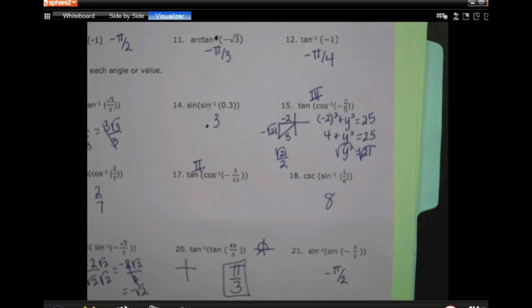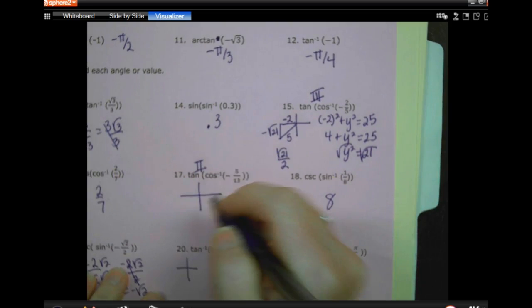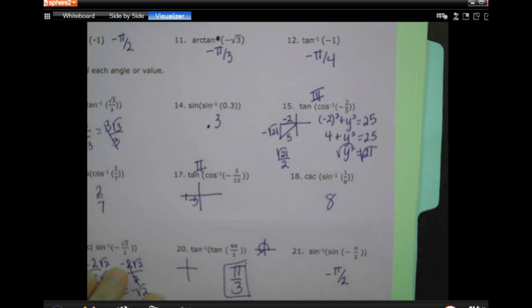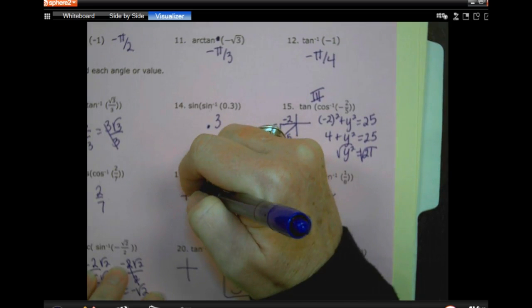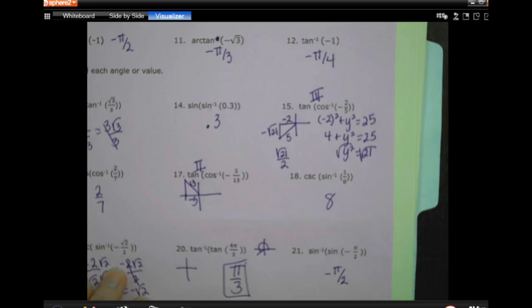So, this time, so the 5 is negative. And I said it's in the second quadrant this time, so we're going this way. This is 13. So what's the y value this time?